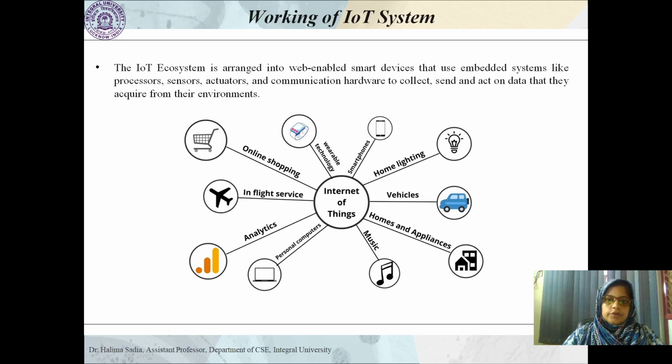We can see over here that IoT is present in almost every walk of life. It is being used in vehicles, home and appliances, music, personal computers, data analytics, flight services, online shopping, wearable technologies, smartphones, home lighting devices, etc.